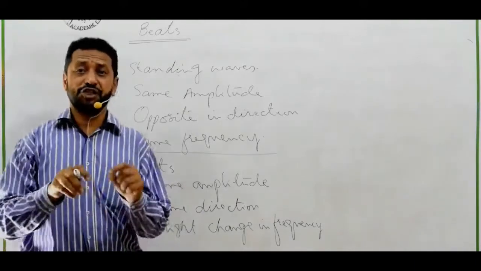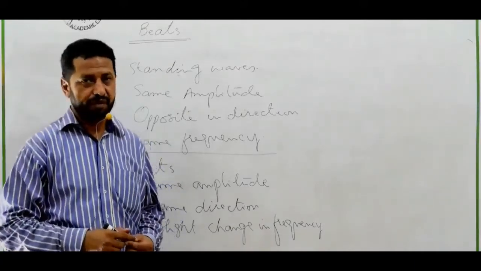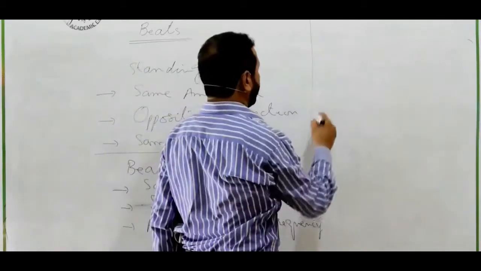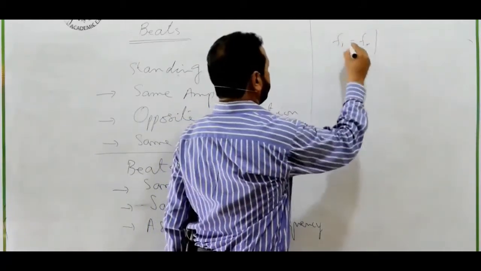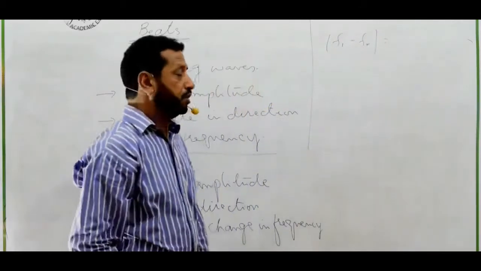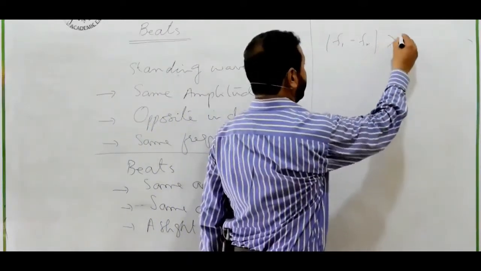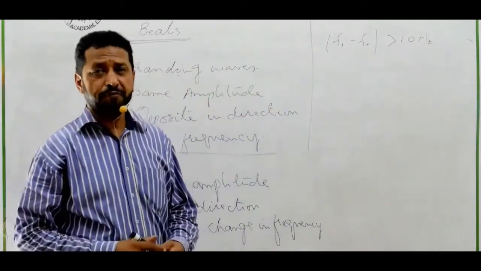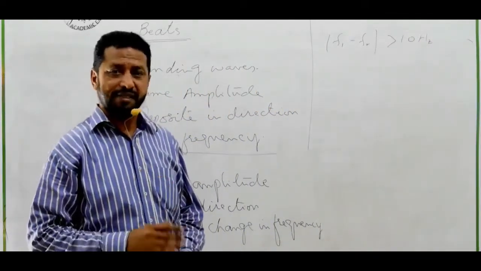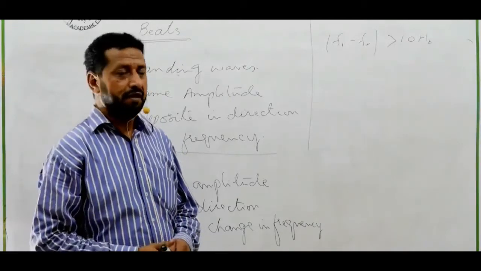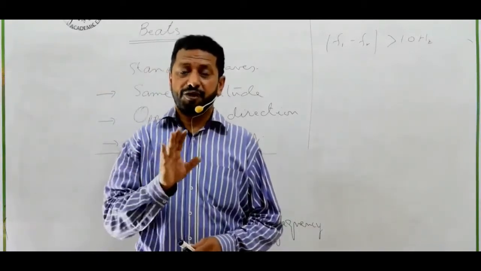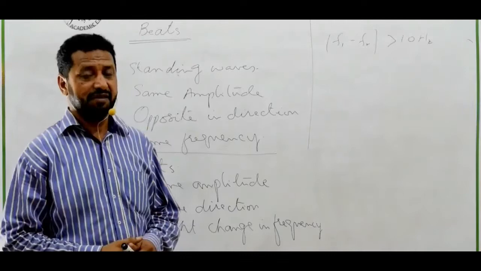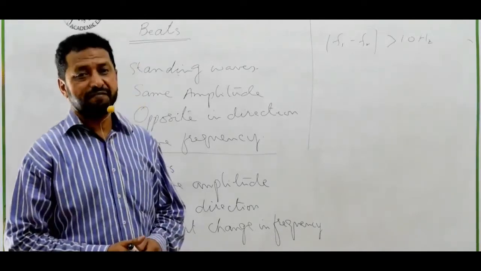When we talk about the change in frequency, in some books it appears that for two frequencies, suppose F1 and F2, the difference F1 minus F2 should be less than 10 hertz. When the difference is less than 10 hertz, then the beat is produced. But for clear beats that one ear can hear, the difference should be 7 hertz.